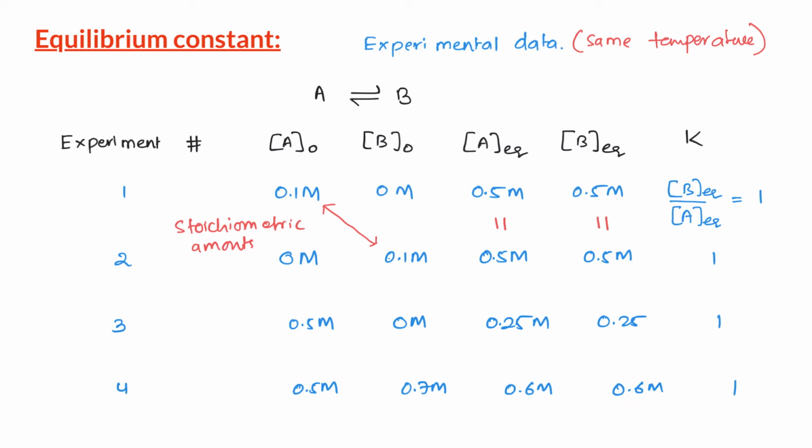Equilibrium constant is 1. There are a couple of important points that we can make here. Point number 1: the equilibrium constant for a particular reaction is always the same as long as the temperature of the reaction is kept constant. Point number 2: as you can see, the equilibrium concentrations are not always the same.